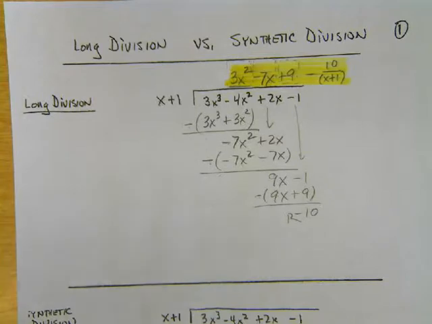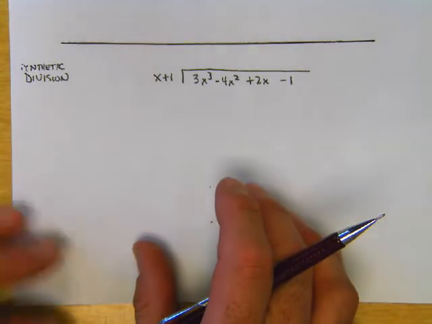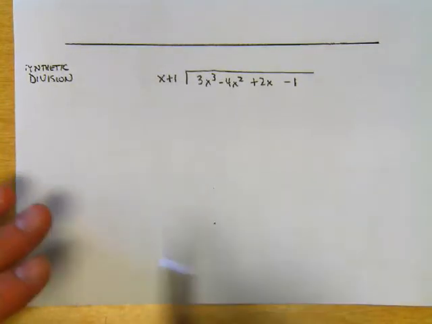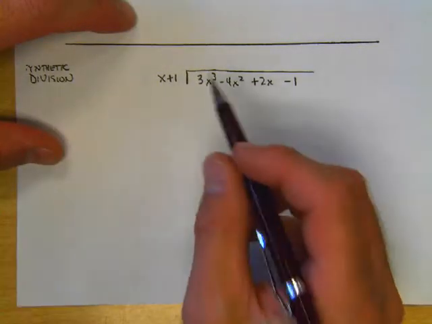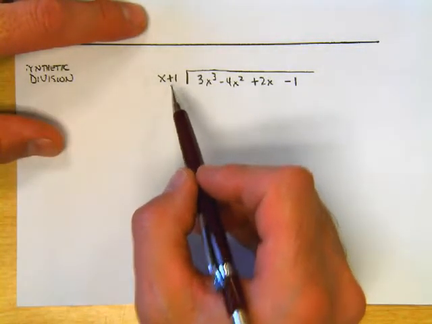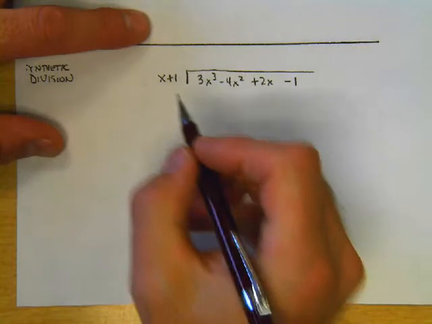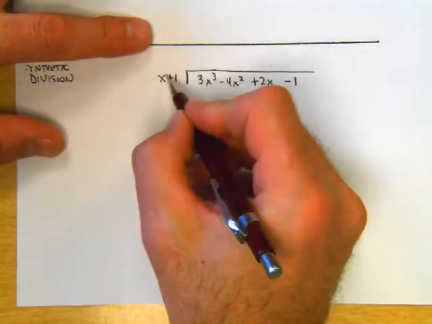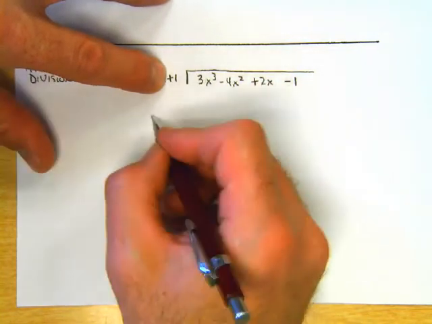Now what I'd like to do is, if we slide this up, show you a process called synthetic division. This process is meant to simplify the dividing process, assuming that you're good with your math facts. The whole idea of synthetic division is that we represent this problem using only numbers, no variables. This x plus 1, we ignore the x, and whatever this divisor is, we change the sign.